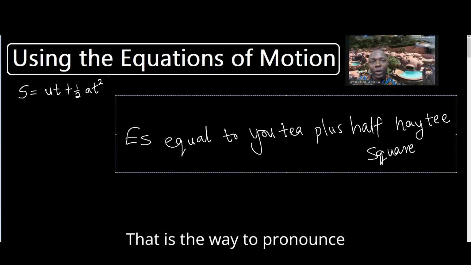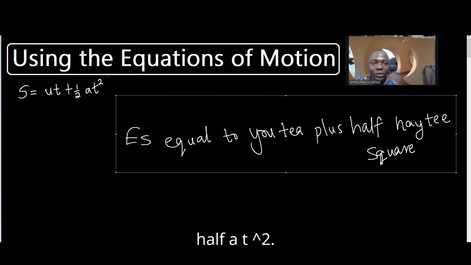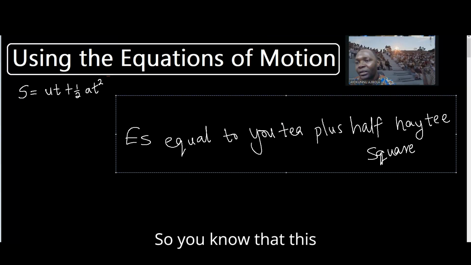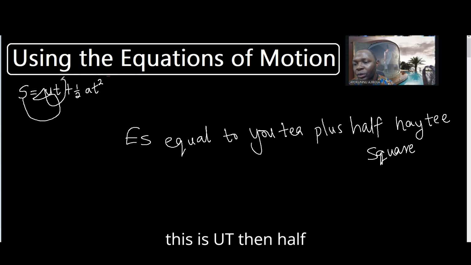That is the way to pronounce it. S equal to UT plus half AT square. So you know that this is S, this is equal, this is UT, then half AT square.